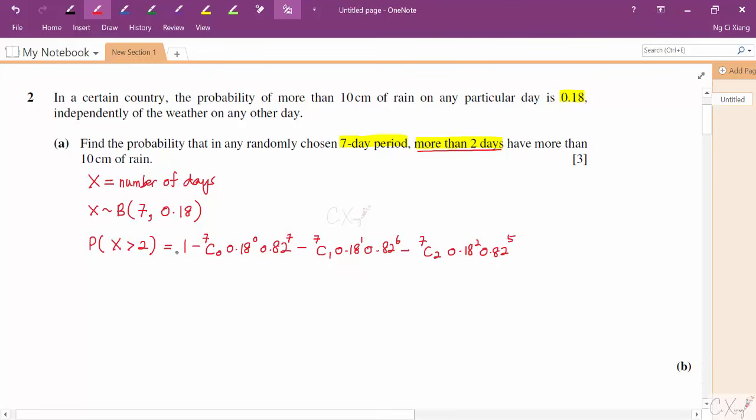So I take 1 minus P(X=0), P(X=1), and P(X=2), and the probability that I get will be P(X greater than 2). By pressing the calculator, the answer that I get is 0.115, correct to 3 significant figures.